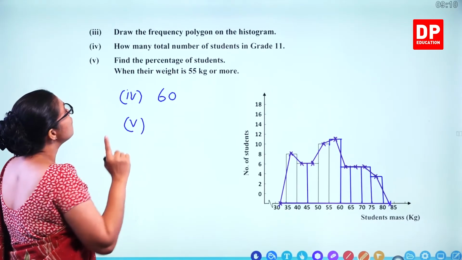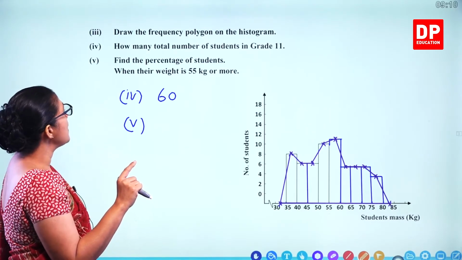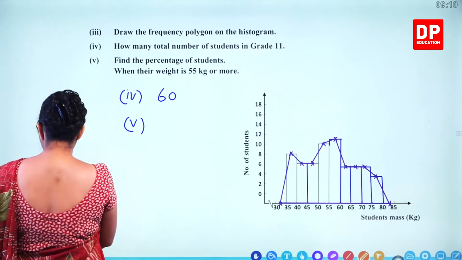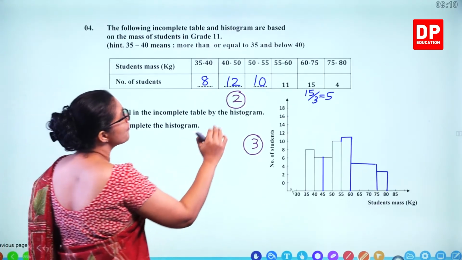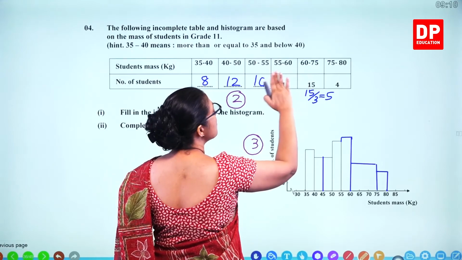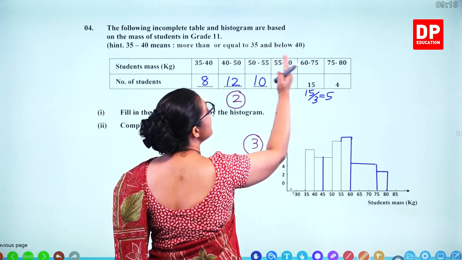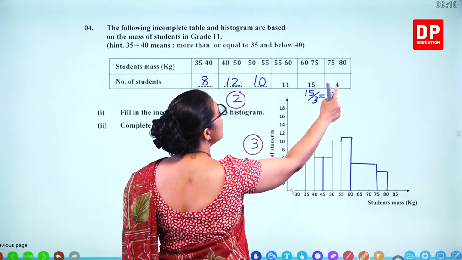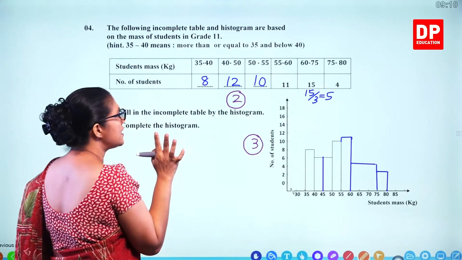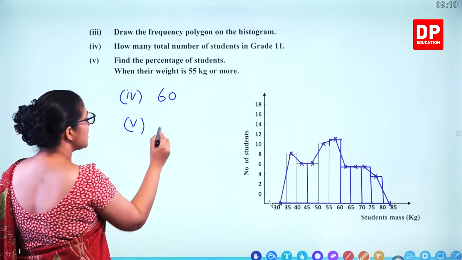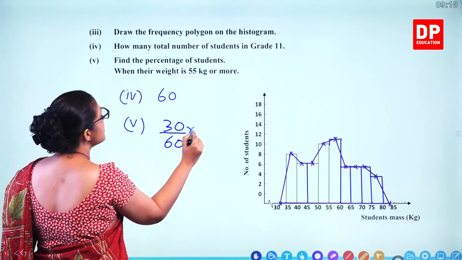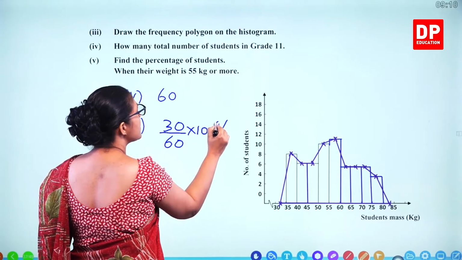Fifth part, find the percentage of students whose weight is 55 kilos or more. So 55 kilos or more, that's from this bar. So 55 and above, equal to 55 here. 11 plus 4, 15. 15 and 15, 30. So 30 students out of 60 as a percentage, you multiply by 100%.